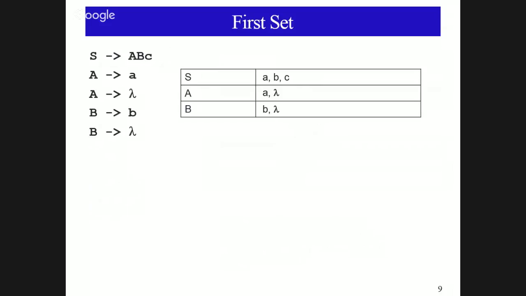So this one, again, we circle the first column, right? So A's first set is A and lambda, B's first set is B and lambda, and that's it. They just have tokens. S's first set is A, first column, which is A. Don't copy the lambda unless S itself goes to lambda.